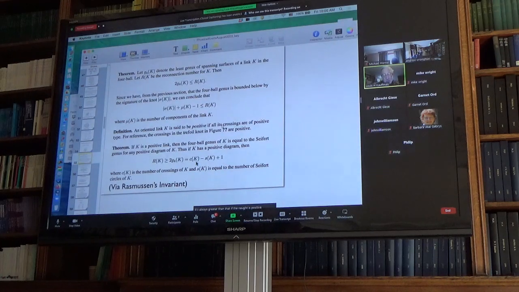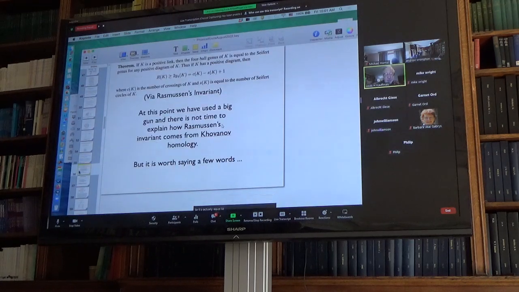And I'm also going to show you that that's sufficient. That number right there is a sufficient number to undo the knot by reconnection. So it's actually equal to it. So that's the result: if you have a positive knot or link, then you can prove that the reconnection number is actually equal to this.